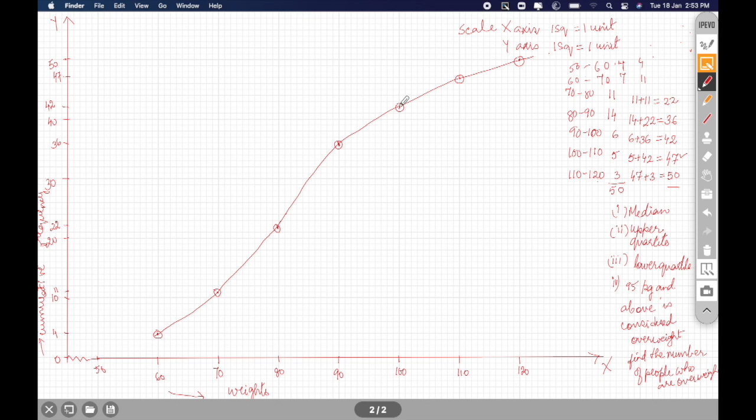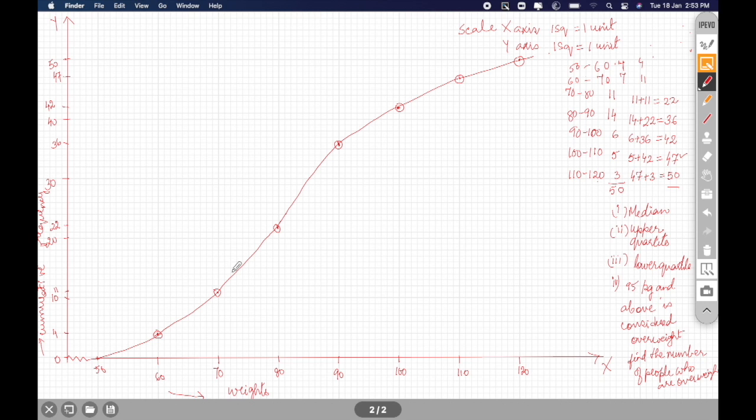So more or less I could plot and draw the curve smoothly. Now this first point that was plotted against the first upper class limit 60 is to be joined with the lower class limit of the first class interval. And the last point is to be extended slightly.